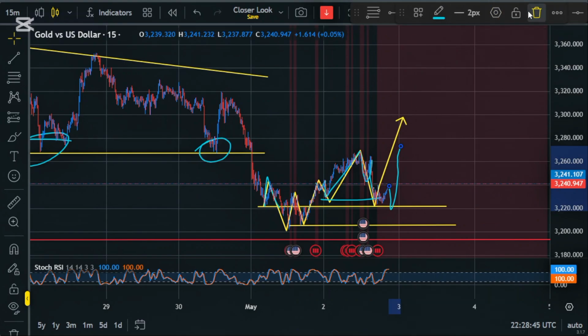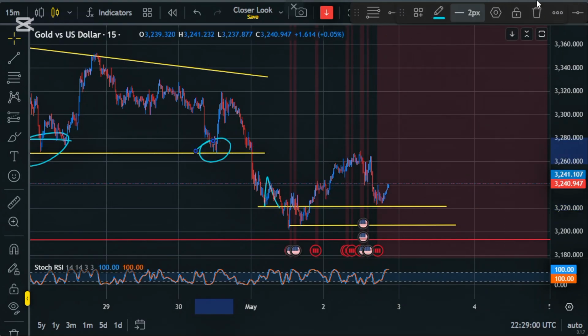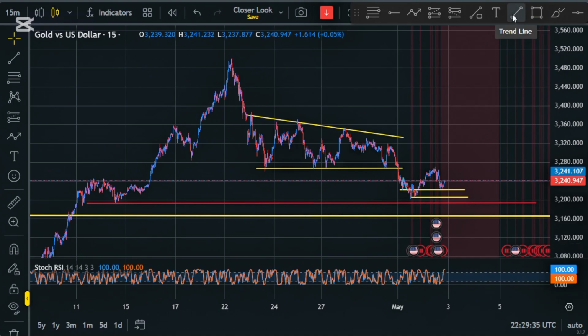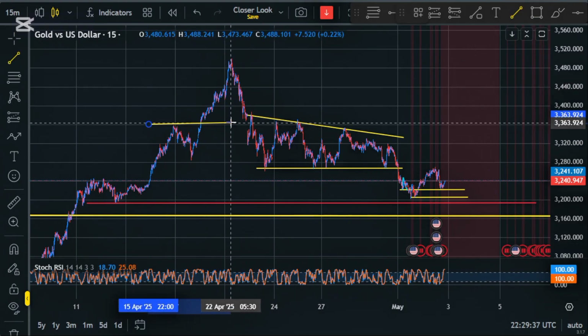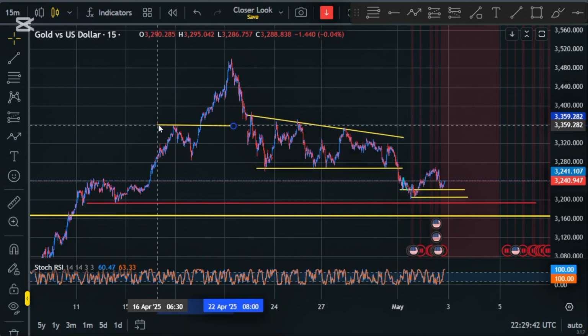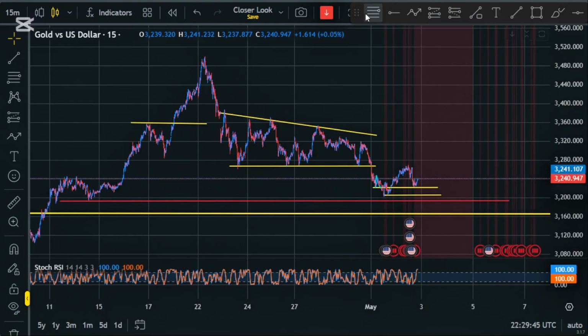I'll take this out. I don't like my chart being drawn on. So just to recap: over here we have a break of structure, and then we have our new high.